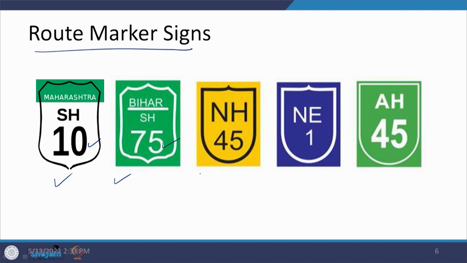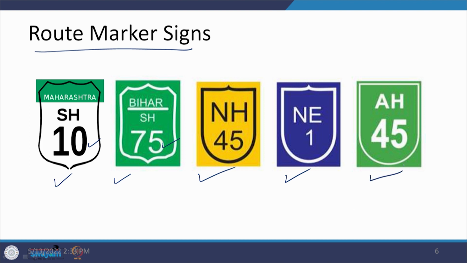If you are talking about a national highway, then we use the color yellow, and the inscribed values are in black. When you are talking about national expressways, then the blue background is used, and the material depicted there is in white.